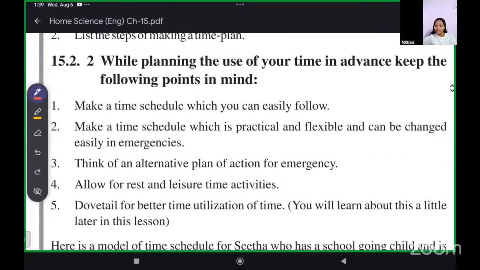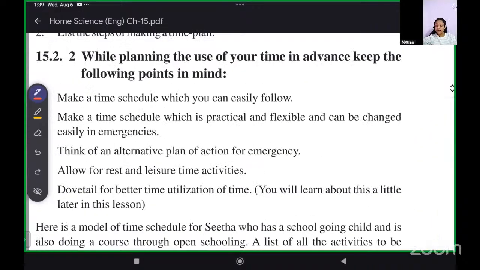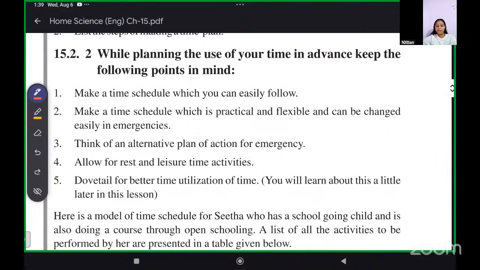Okay. Now, while planning the use of your time in advance, keep the following points in mind. What points do we keep in mind when we are planning the use of our time? Make a time schedule that we can easily follow. Make a time schedule which is practical and flexible and can be changed easily in emergencies. Okay. If some emergency arises, make sure that you can change the time schedule.